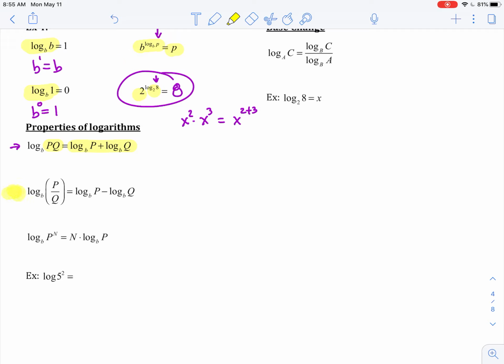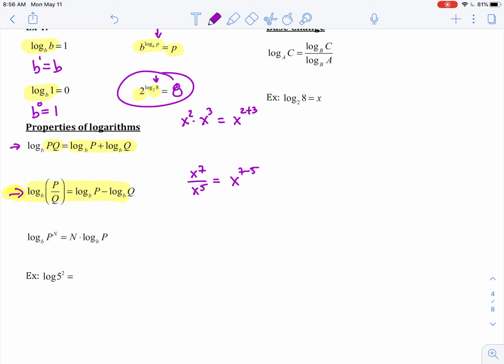With our quotients, we'll think back to our exponent rules. We know that if we are dividing two quantities with a common base, then we keep that base the same and we just subtract those two exponents. Well, logs are just ways of expressing those exponents. Exact same situation holds true.